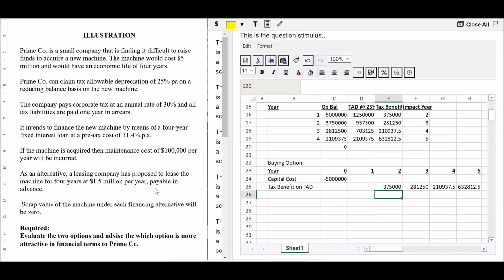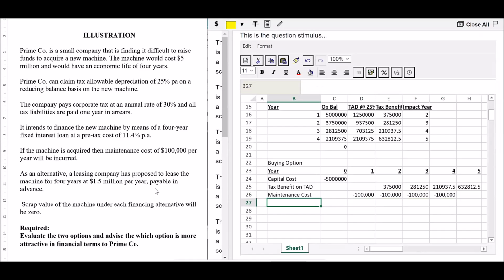And once we are done with the tax benefit, we need to consider the maintenance cost, which is going to be negative, and it's hundred thousands for 4 years.